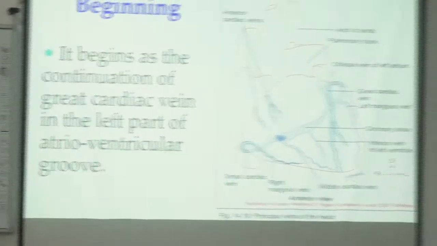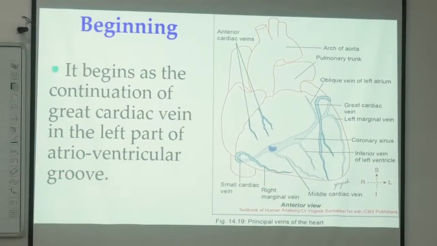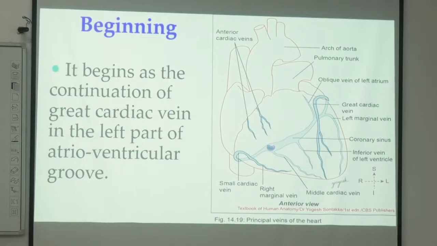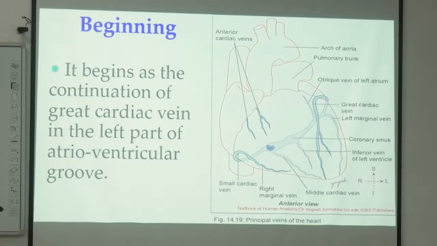Now the beginning of this coronary sinus: it begins as the continuation of the great cardiac vein in the left part of the atrioventricular groove. See here, this is the great cardiac vein. Here it has been pointed. The great cardiac vein lies in the anterior interventricular groove, in between the two ventricles on the anterior aspect.